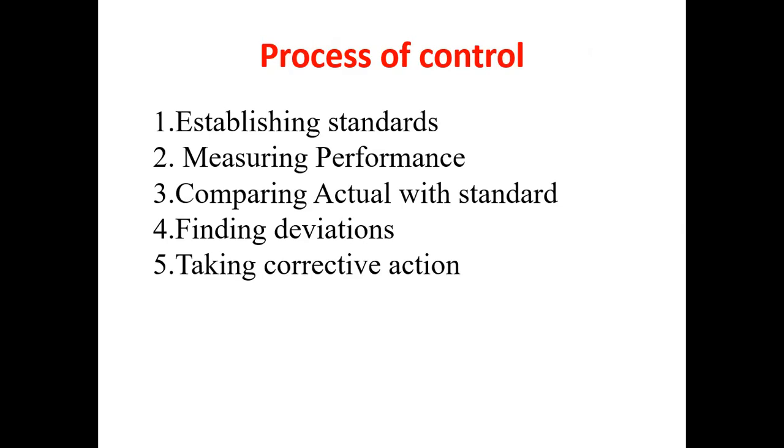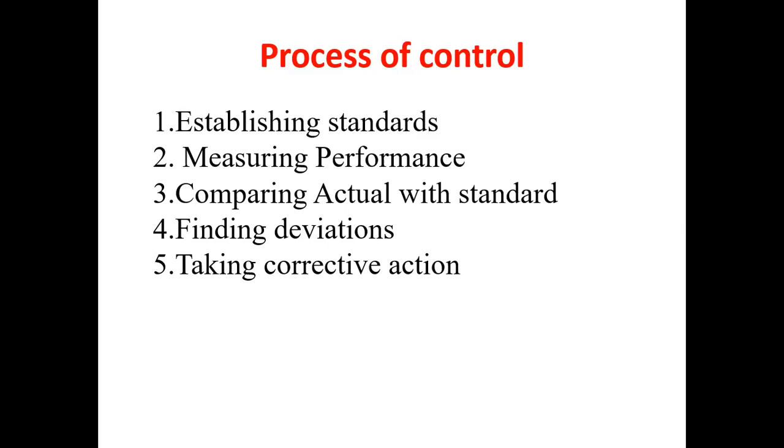What are the two types? One is measurable or tangible, and the other is non-measurable or intangible standards. Those standards which can be measured and expressed are called measurable standards. They can be in terms of cost, output, time, revenue, profit, etc.